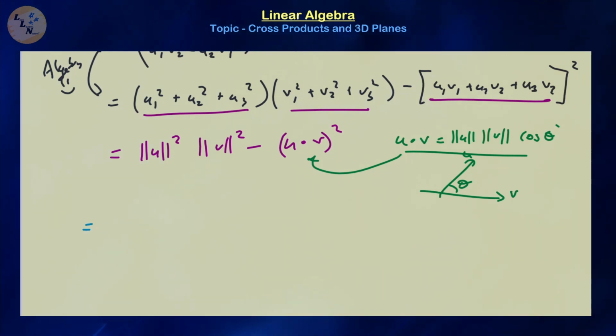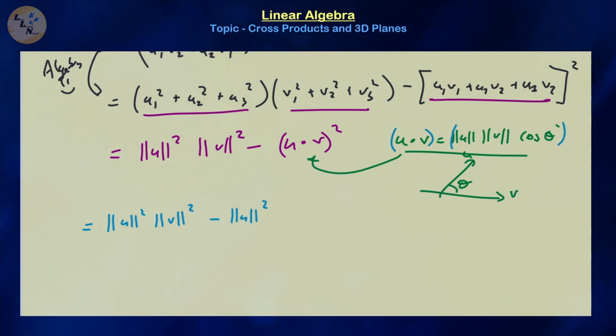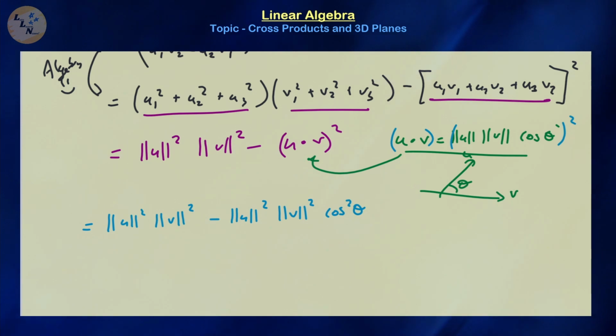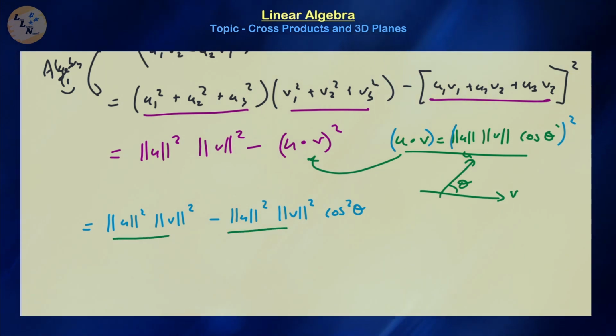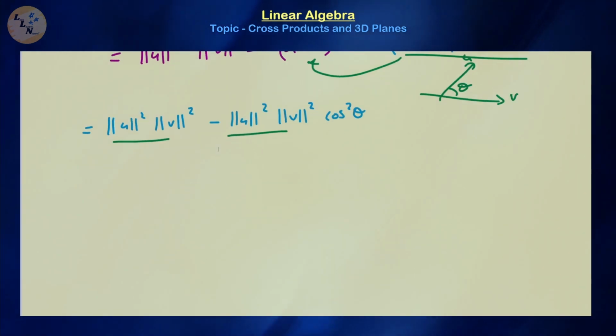Using that expression and substituting it there, we get the norm of u squared times the norm of v squared, minus the norm of u squared, remember we're squaring that, times the norm of v squared times the cosine squared of theta. We have a common factor here, norm u squared, norm v squared, so we can factor that out.